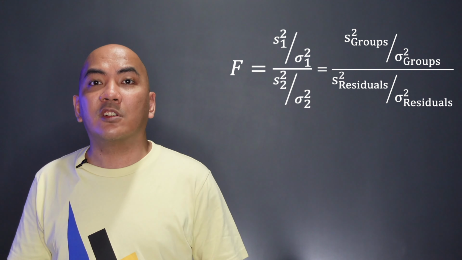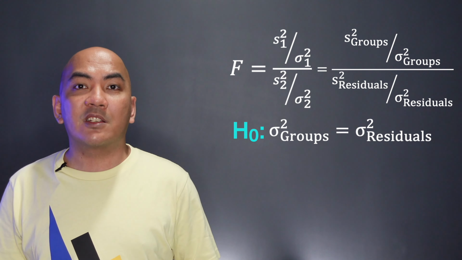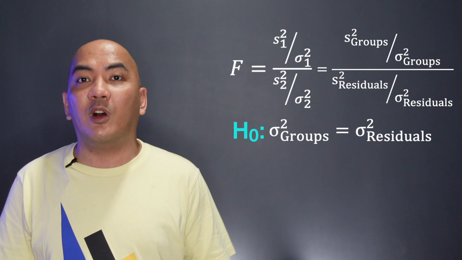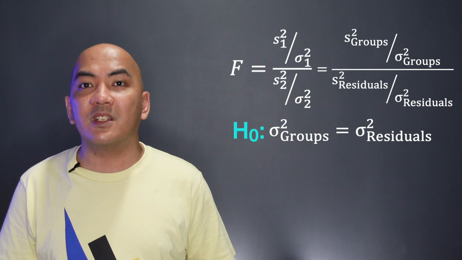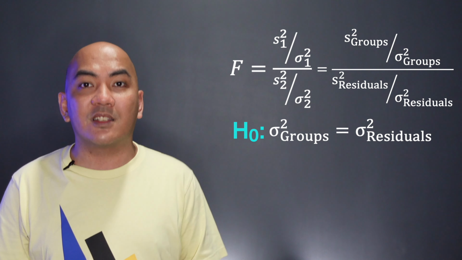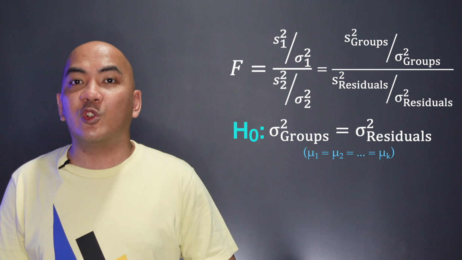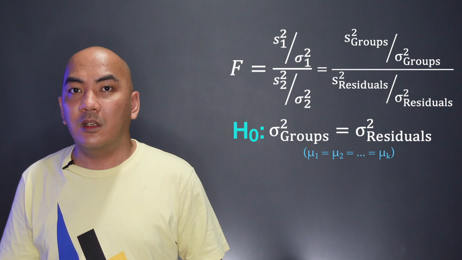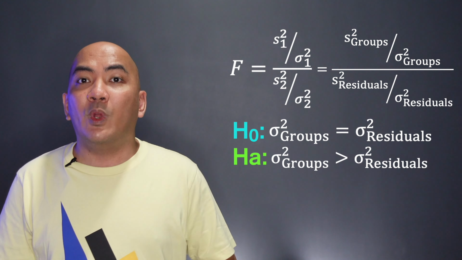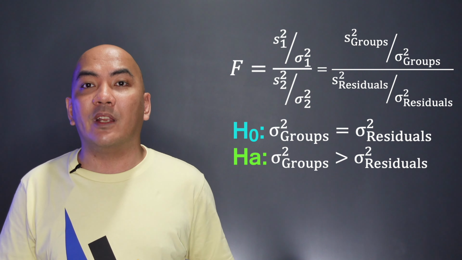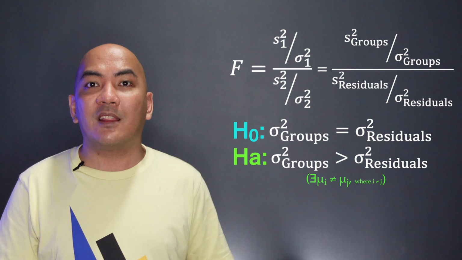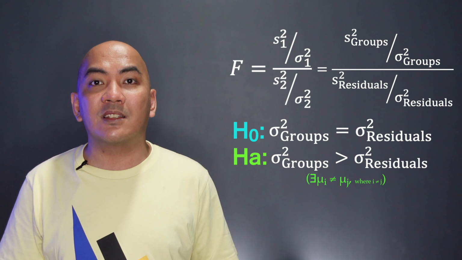The thing is, under the null hypothesis, sigma squared of the groups and sigma squared of the residuals are equal. Because when sigma squared of the groups is equal to the sigma squared of the residuals, then the population means are all equal. But on the contrary, when the sigma squared of the groups is greater than the sigma squared of the residuals, that tells us that the population means differ.